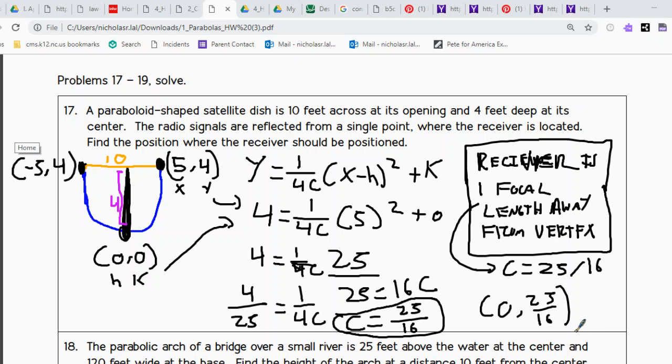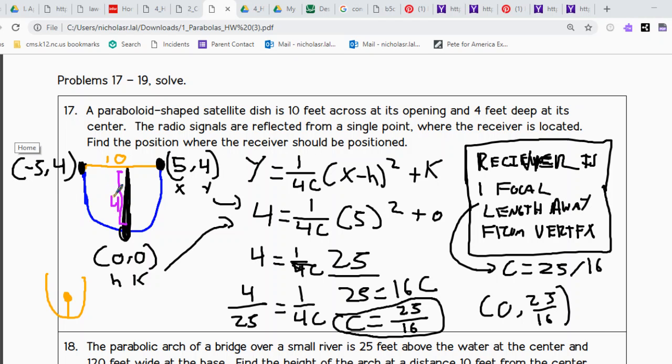So essentially the receiver of the parabola is the focus. The logical place to place a receiver for a parabola would be the focus, because you have your receiver inside the dish.